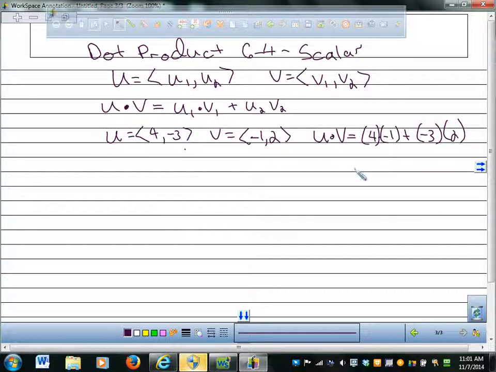And you get an answer, which is negative 4 plus negative 6, which is negative 10. So when you do a dot product, you just get a plain old number. And that's called a scalar. And that's a dot product.